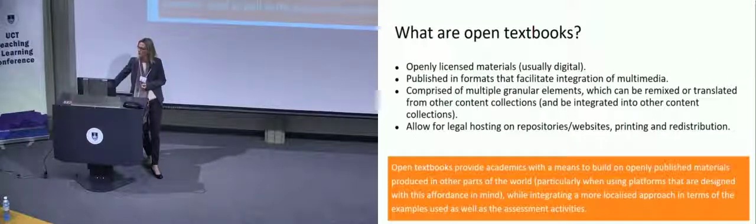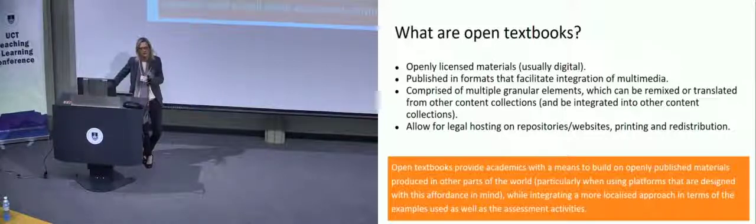So what are open textbooks? Openly licensed material, I've mentioned already. These textbooks can be published in formats that facilitate integration of multimedia, so they can enable quite interesting apps and multimedia to be actually incorporated into the textbooks that we couldn't necessarily do in the print form.